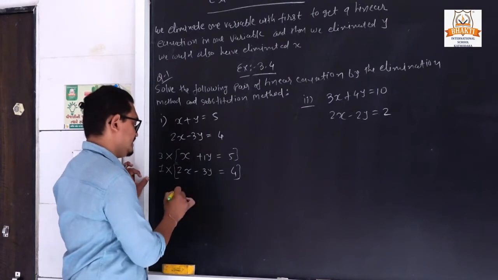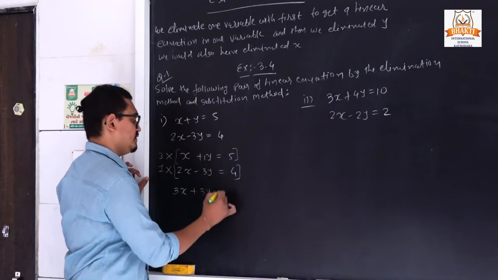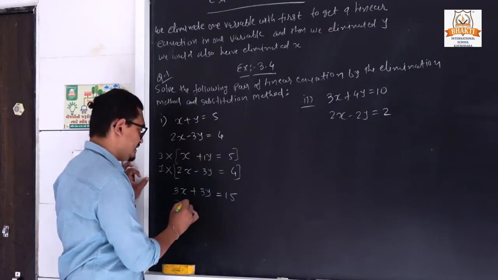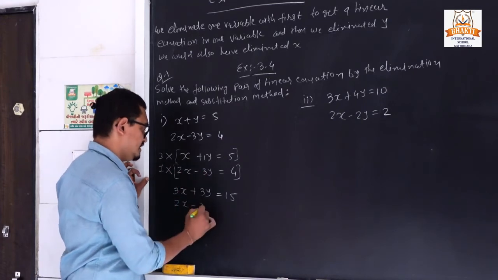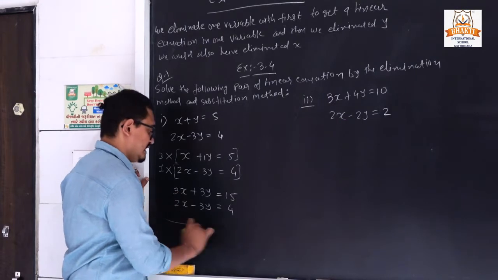Now the equations become 3x plus 3y is equal to 15, and 2x minus 3y is equal to 4. Now we can eliminate.